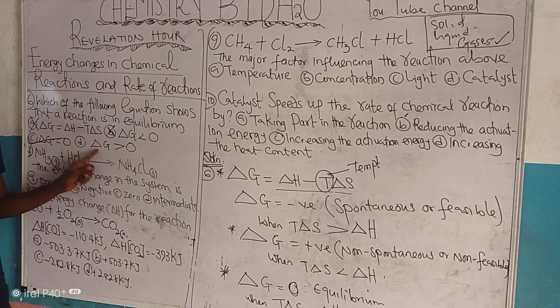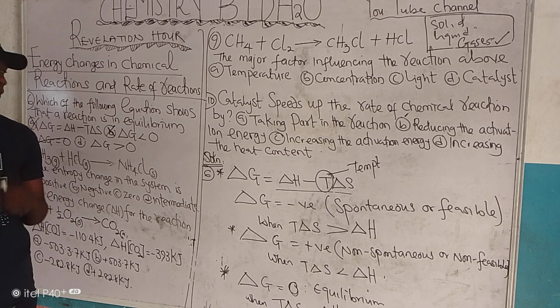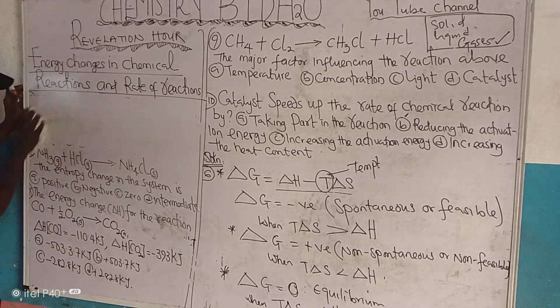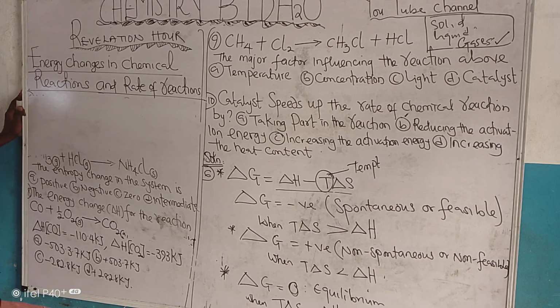Check option D. If your Gibbs free energy is greater than 0, it means it is positive, and when it is positive, the reaction is non-spontaneous. I hope that this explanation will help you in understanding the effect of your Gibbs free energy in a chemical reaction. Please let us take question number 7.